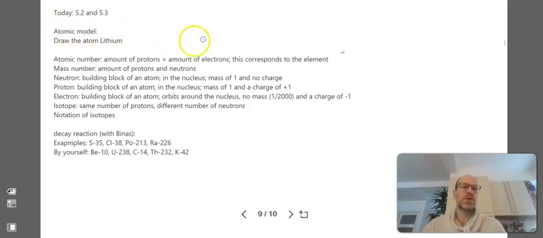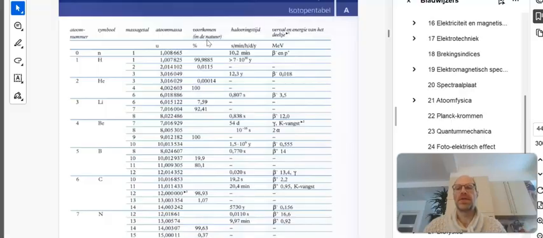Okay, if we want to draw lithium, then we need to know what the atomic number and the mass number of lithium are. I always use BINAS table 25. There we are, table 25. This is a Dutch version, but the English version looks almost the same. The names are different on top of the columns.